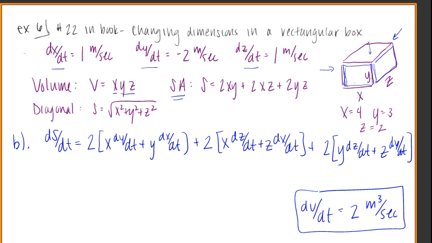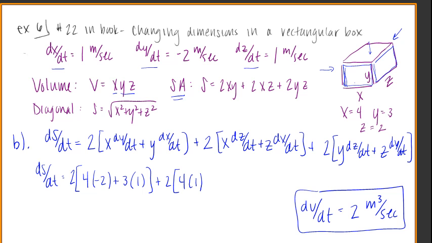Okay, all we have to do is plug in our information. So it's going to be 2 times, we have x, which is 4, times dy/dt, which is negative 2, plus y, which is 3, times dx/dt, which is 1, plus 2, x, which is 4, dz/dt, which is 1, and z, which is 2, dx/dt is 1, and 2 times y, which is 3, dz/dt is 1, and z, which is 2, times dy/dt, which is negative 2.